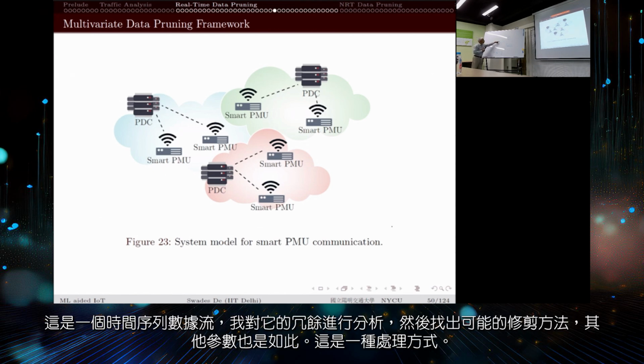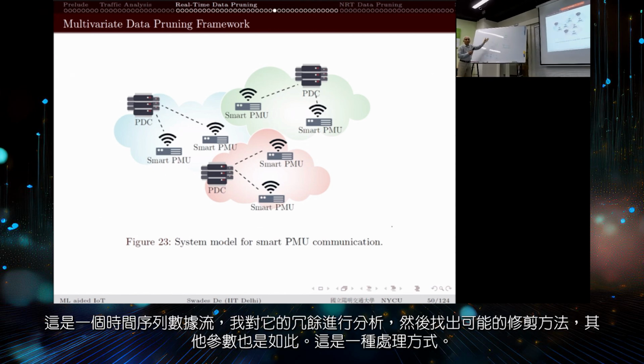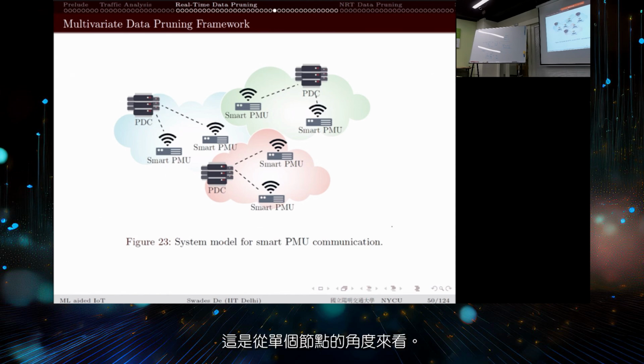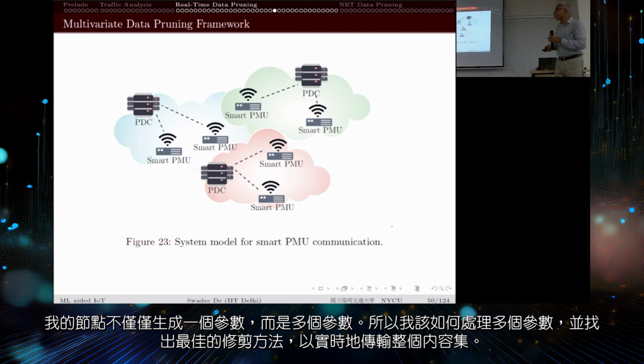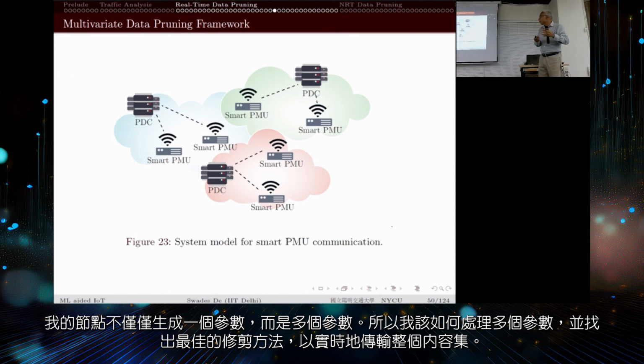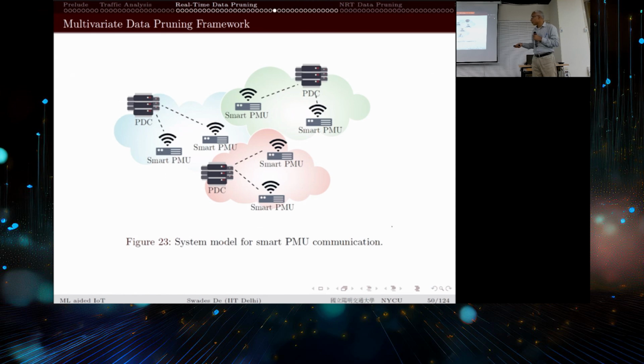So this is one temporal data stream, and I figure out its redundancy and then what prunability is possible, and likewise for the others, and what else could be done. That is from the single individual node perspective. I have individual nodes which are not necessarily generating one parameter but multiple parameters. So how do I deal with multiple parameters and figure out the optimum pruning of the entire set of content that is being transmitted on a real-time basis?